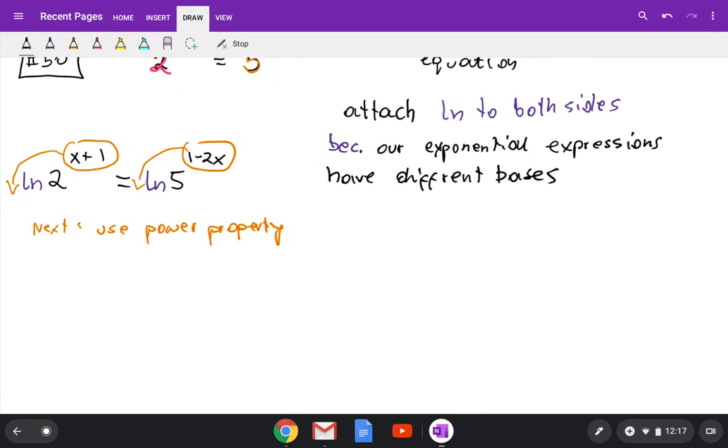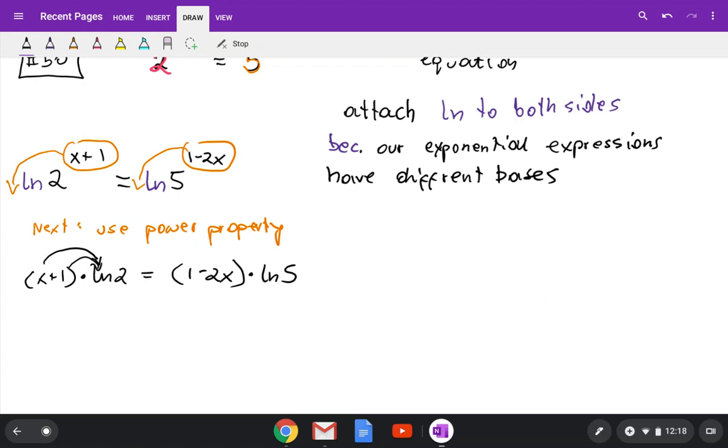So it's going to be x plus 1 times ln of 2 equal 1 minus 2x times ln of 5. Okay. We need to solve for x, so don't forget that we need to solve for x. Before we start moving stuff around, I want you to distribute. So we're going to distribute.